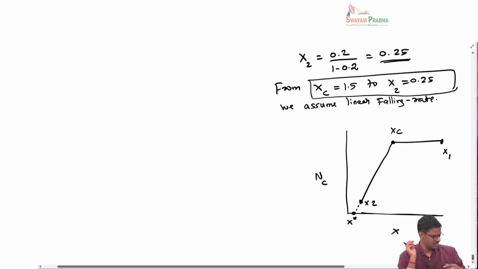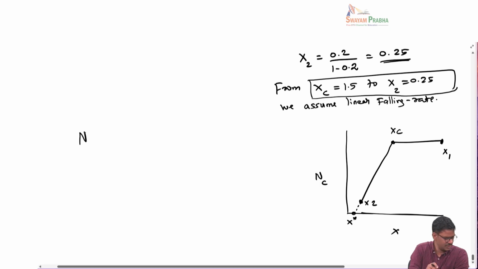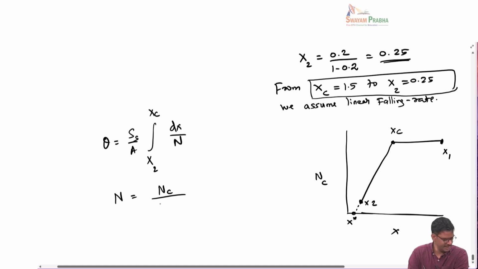For this I am going to use the formula that we derived before, that theta is SS by A, integral from X2 to XC of dx by n, and this n here is expressed in terms of a linear relation.